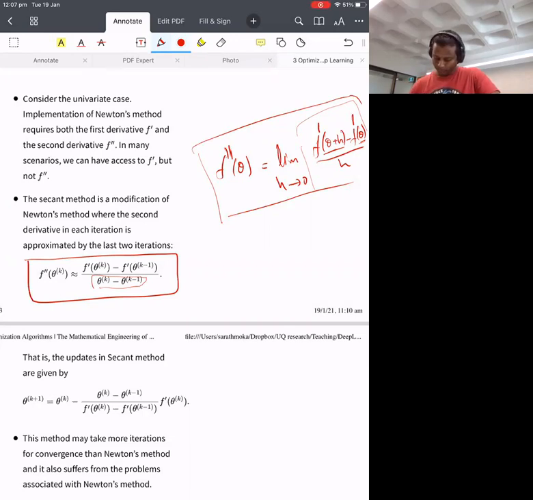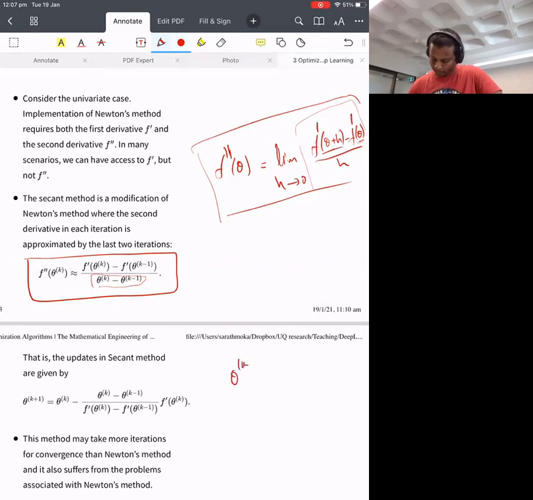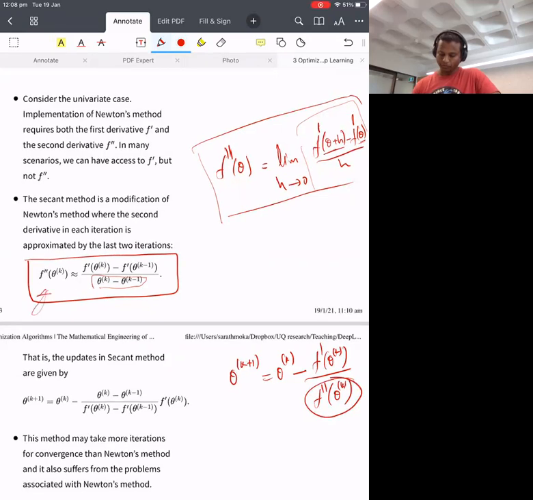Instead of theta k plus 1 equals theta k minus f prime of theta k over f double prime of theta k, we replace f double prime with this ratio.